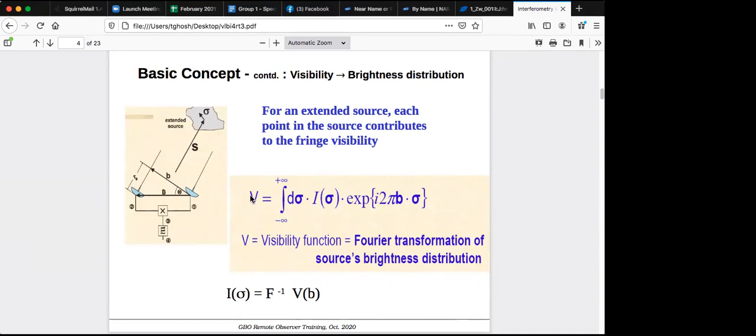We measure as many components of this visibility function as possible, and then we do an inverse Fourier transform, and we get from visibility measurements to the intensity distribution of the source. That is, from measured visibility as a function of U and V, which make up the baseline vector as I defined earlier, you get to the intensity distribution of the source.